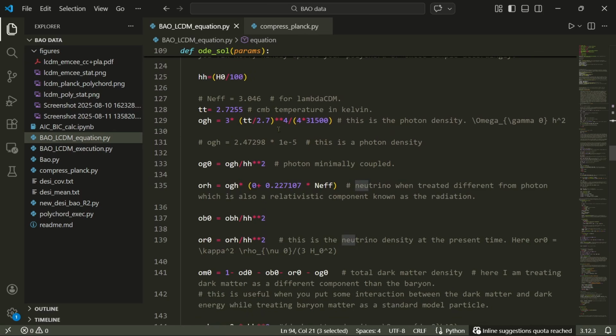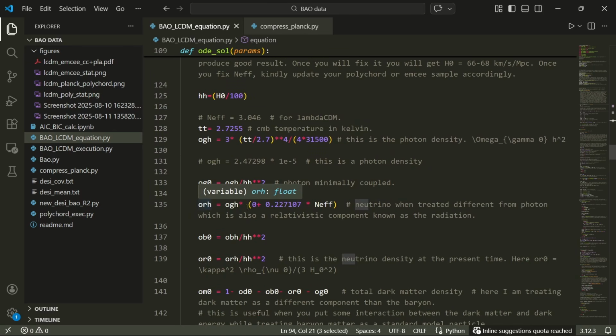So how am I finding the initial condition for the neutrino? OGH times 1 plus 0.227107 times N effective. Now the total radiation becomes this plus this: OGH plus ORH will become the omega radiation 0 times h square. All right. Now I have to compute, because these are two quantities like omega 0 h square, I have to find this omega 0, because this is the initial condition, not the h square initial condition.